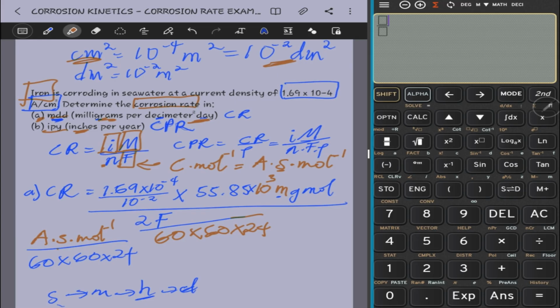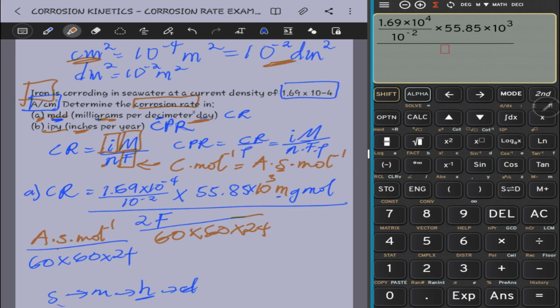So here I have 1.69 times 10 to the power 4, and then I'm adding all the conversions that I've done: 10 to the power minus 2, and then times 55.85, and times 10 to the power 3.